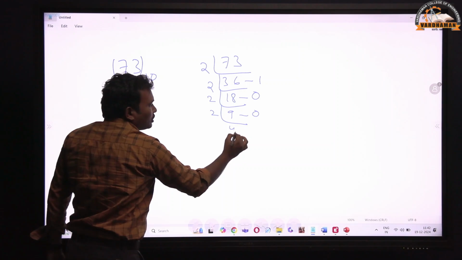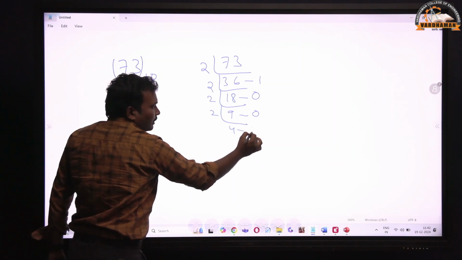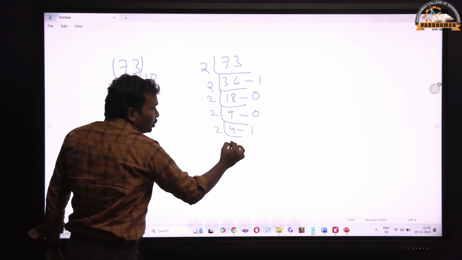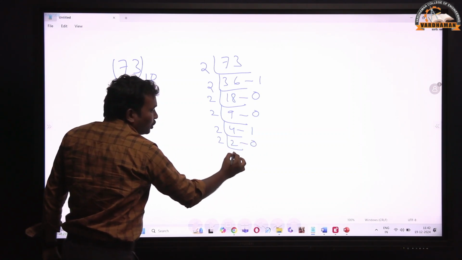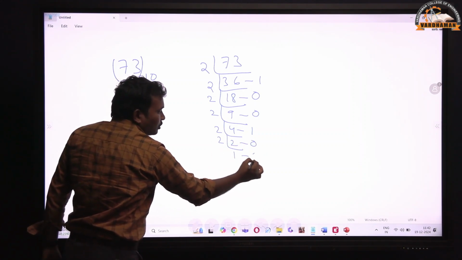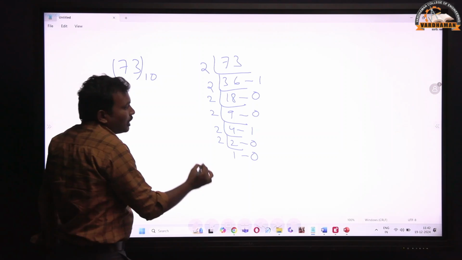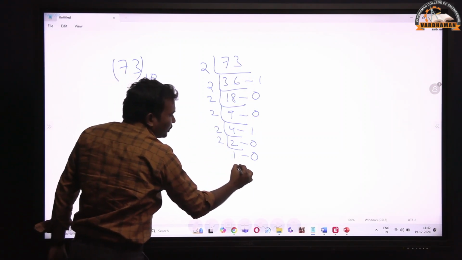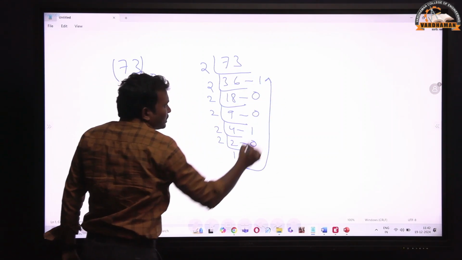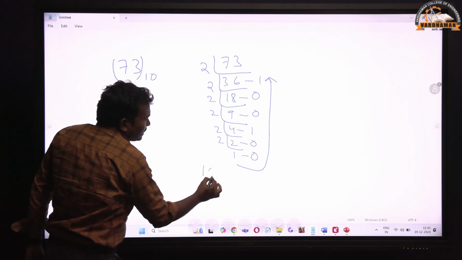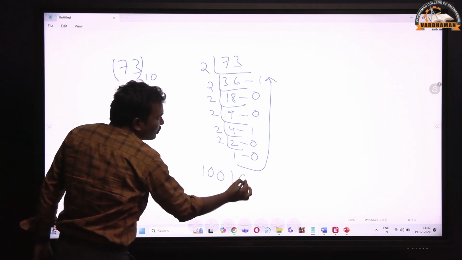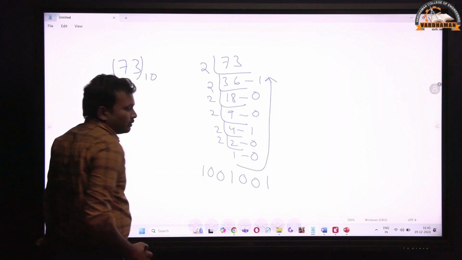Then 2 times 4 is 8, remainder 1. Then 2 times 2, remainder 0. Then 2 times 1, remainder 0. Now the binary format is read in this direction, so the binary number becomes 1001001.